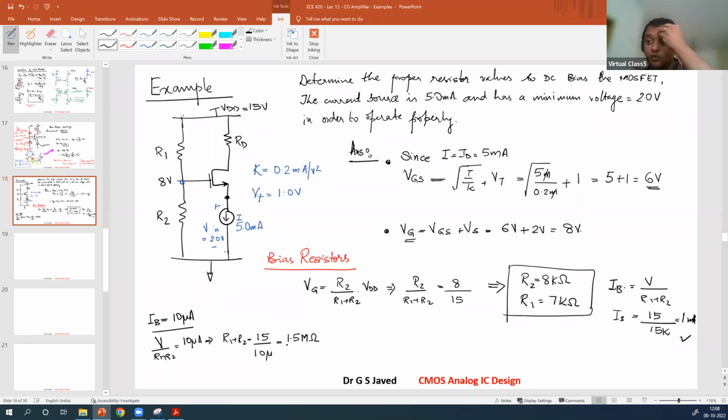So now if you take 1.5 mega ohm and you divide in the ratio 8 over 15, how much do you get? 0.8. So R2 will be 0.8 mega ohm or 800 kilo ohm, and R1 will be 0.7 mega ohm or 700 kilo ohm.